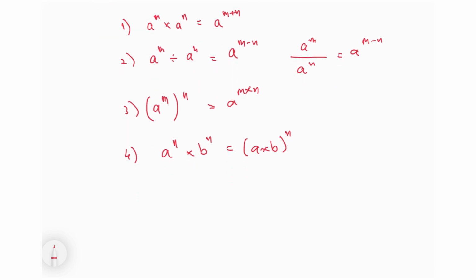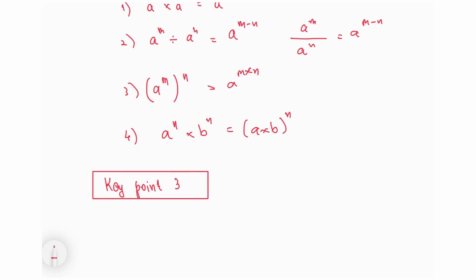Then we have key point 3. Now we will see how to deal with rational exponents. So here m, n are integers.